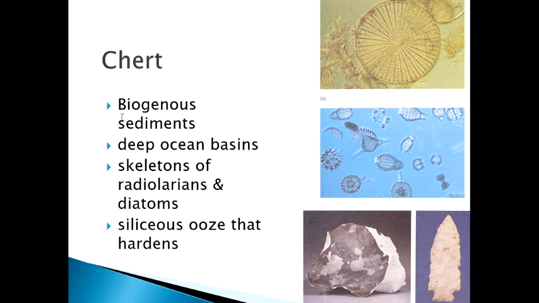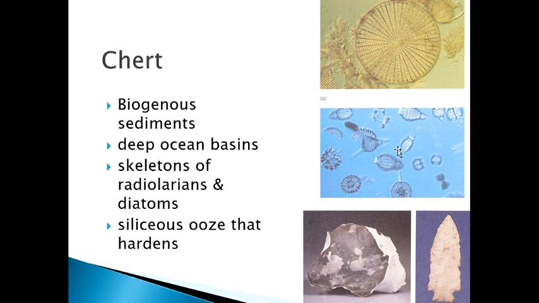Chert is a biogenous sediment from deep ocean basins, and the upper two pictures are microscopic slide photos of these skeletons. Both of these are showing skeletons that are much, much smaller, from 100th to 1,000th the size of a millimeter.